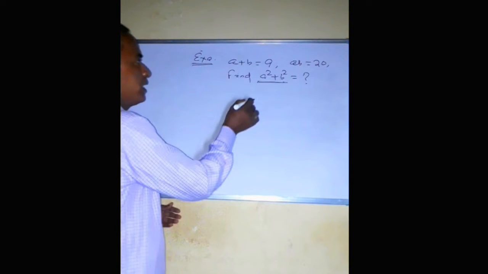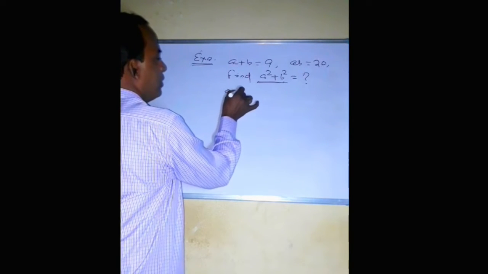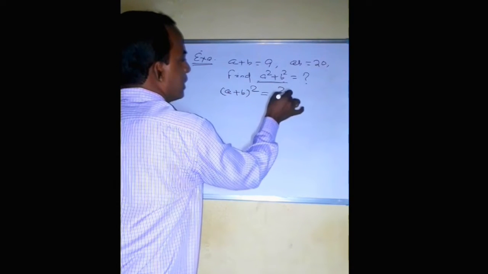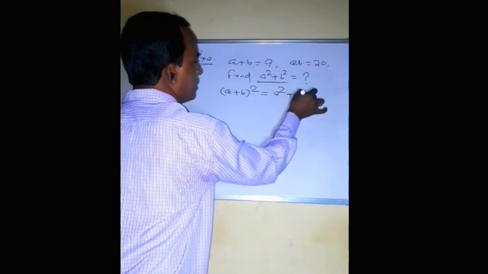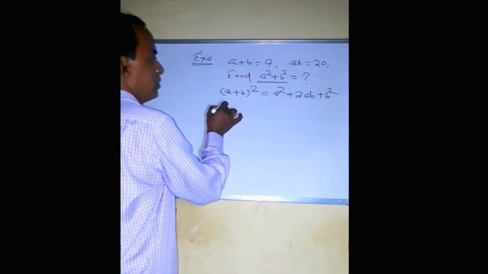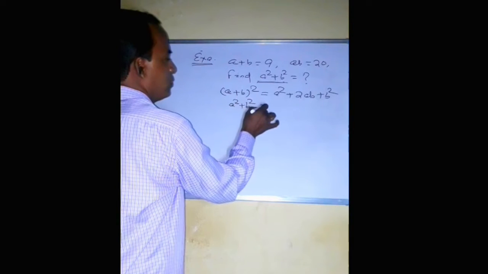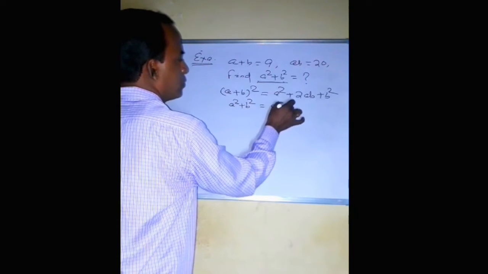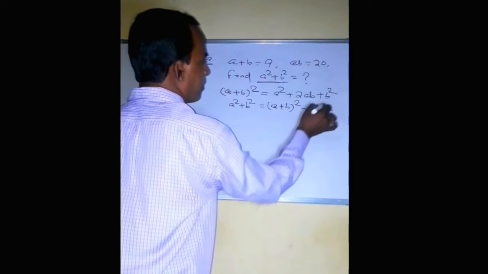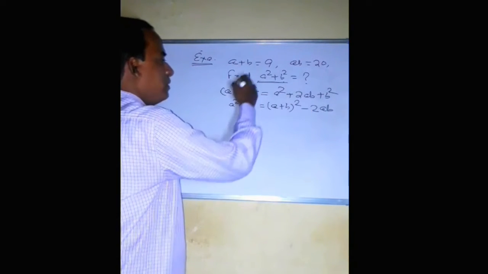So we can directly apply the formula. A plus b whole square equal to a square plus 2ab plus b square. Thus a square plus b square equal to a plus b whole square minus 2ab, because a square plus b square is taken to one side and 2ab to the other side.